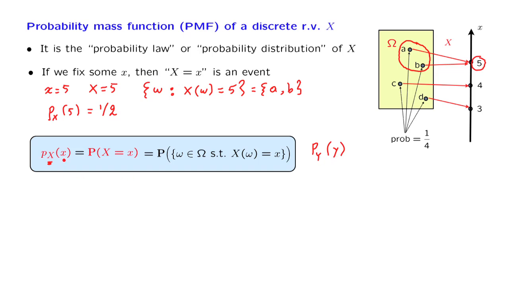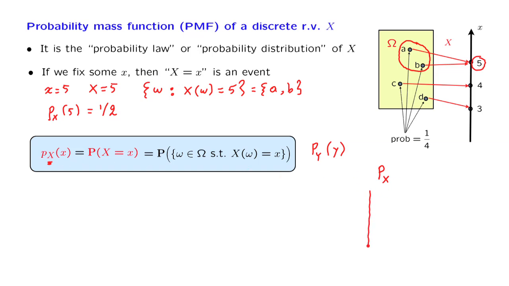The argument of the PMF, which is little x, ranges over the possible values of the random variable capital X. So in this sense, here we're really dealing with a function that we could denote just by p with a subscript x. This is the function as opposed to the specific values of this function.